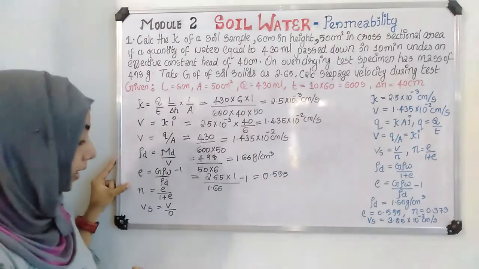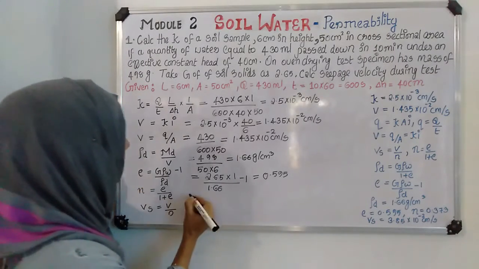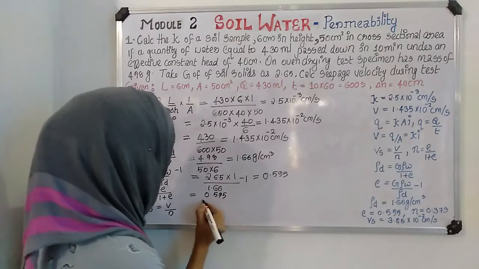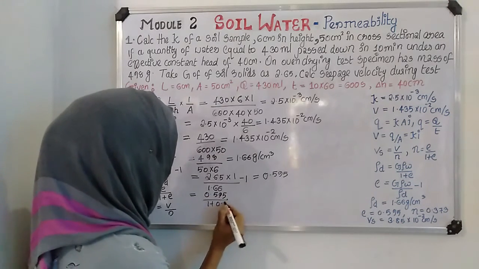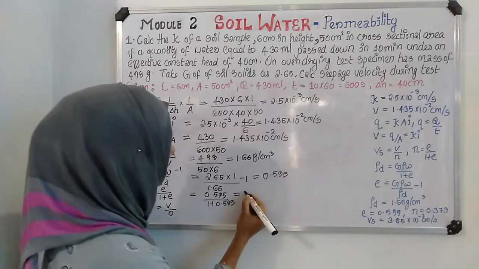By substituting in the equation of porosity, n equal to e by 1 plus e, that is 0.595 divided by 1 plus 0.595, we are obtaining porosity as 0.373.